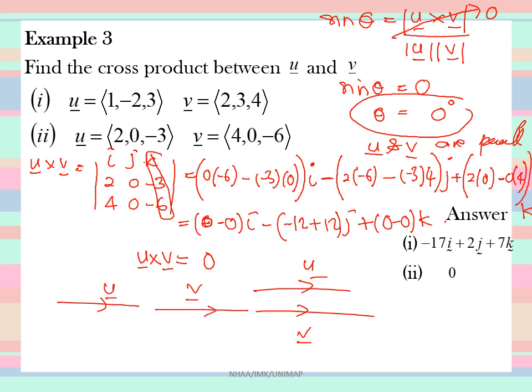Without replacing 0 into the sine formula, when you get the cross product of vector u and vector v equal to 0, by applying the properties you should know that these two vectors are parallel. So the angle between these two is 0.